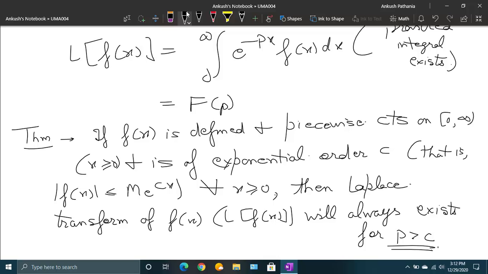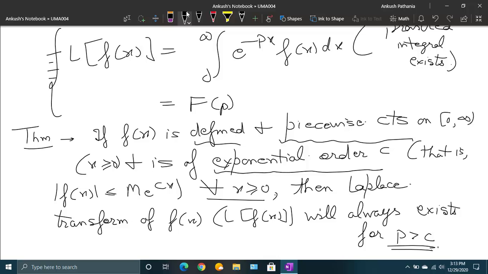So these are the two conditions of piecewise continuity. Now our function is to be defined on the given interval, x greater than or equal to 0, and it is of exponential order c for all x greater than or equal to 0. Then he says the Laplace transform of the given function, this integral, is always going to exist.